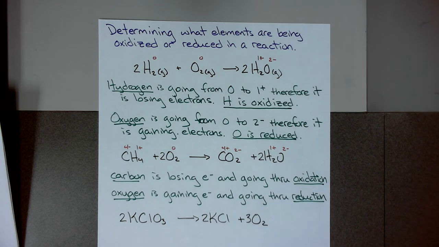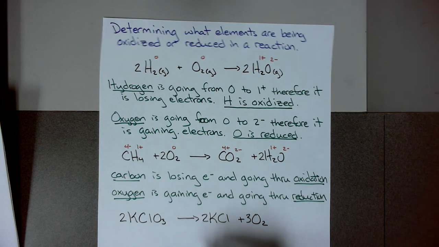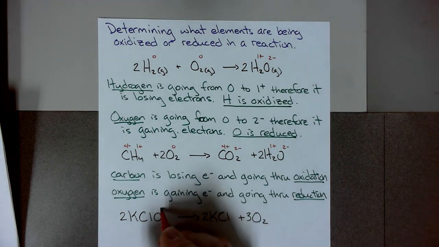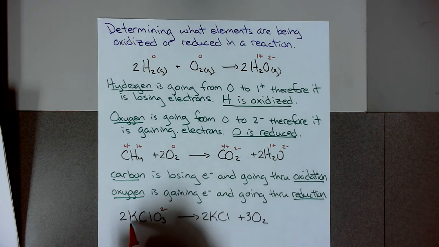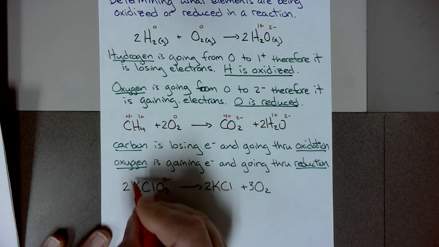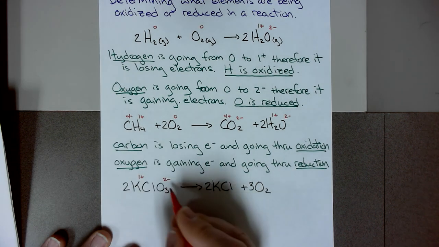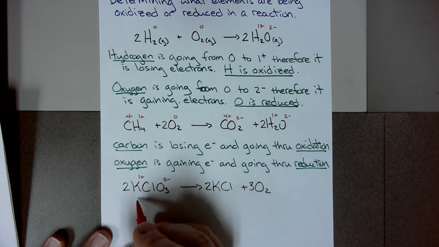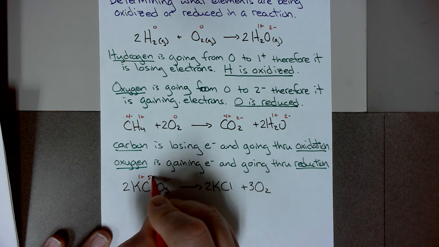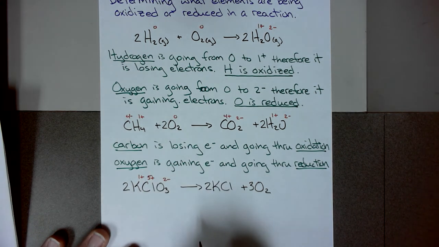So let's do the oxidation numbers. We have a 2 minus for the oxygen, and then this one, which is monoatomic, potassium, is a 1 plus, and so that's a 6 minus and a 1 plus. That means this has to be a 5 plus to be neutral.